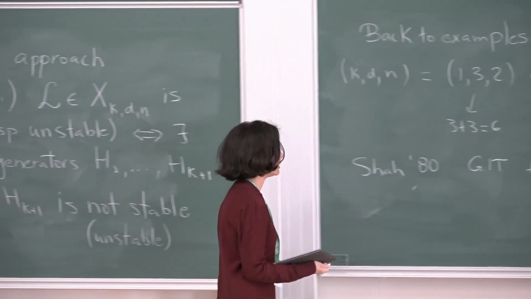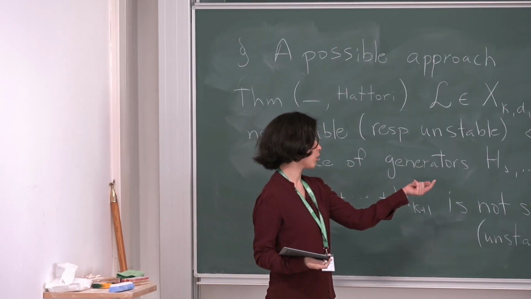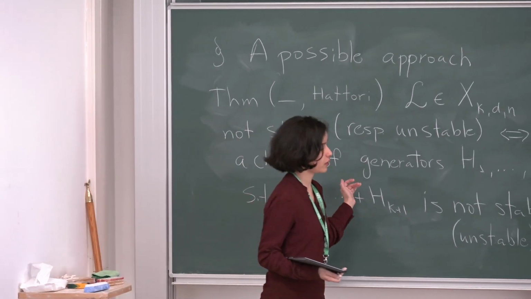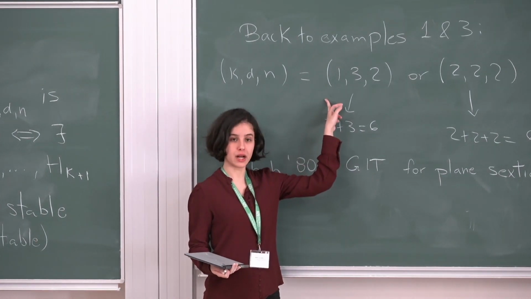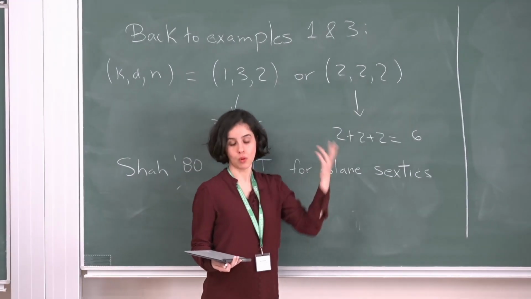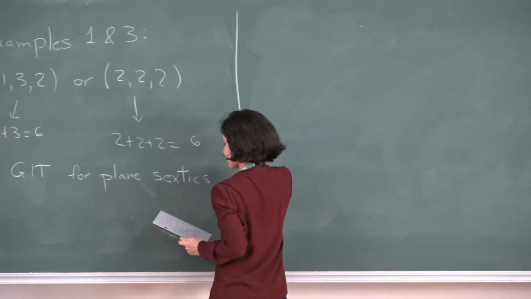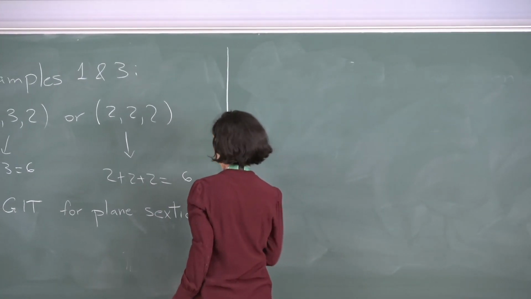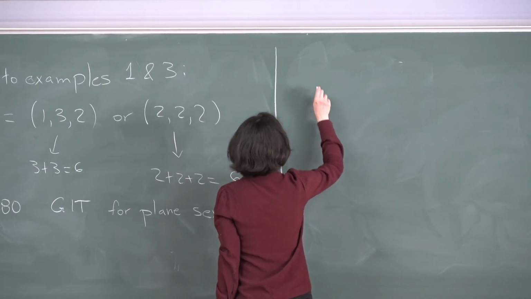So if we combine the criterion that he obtained with our theorem, then we can recover both Miranda's result and Wall's result. So let me just, for completeness, write down what his criterion is for stability.